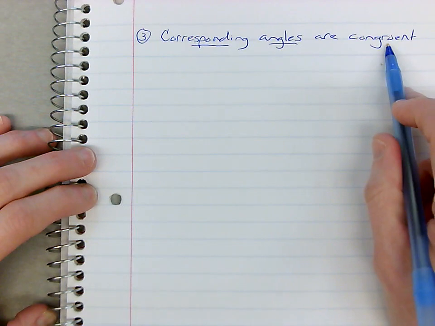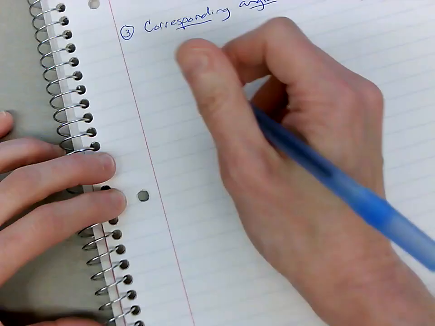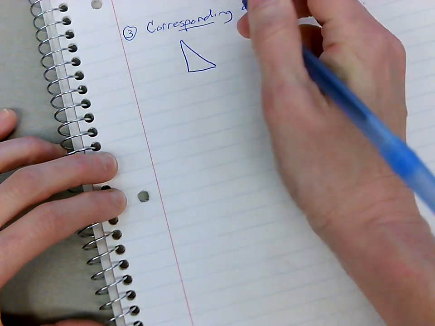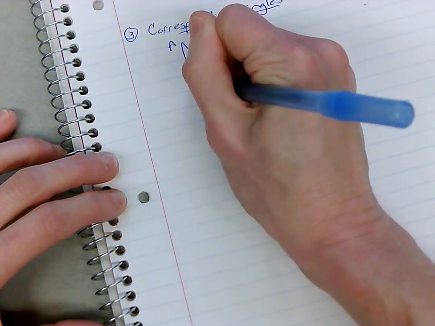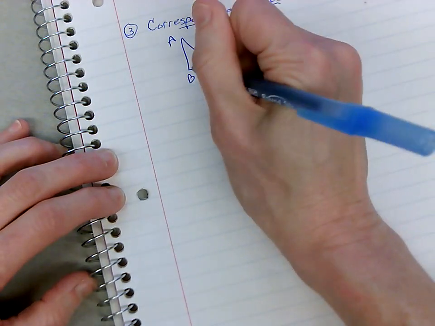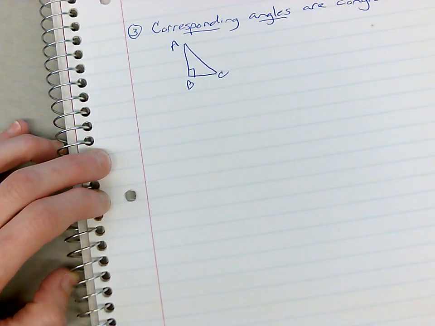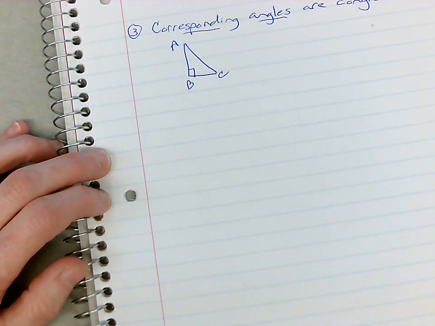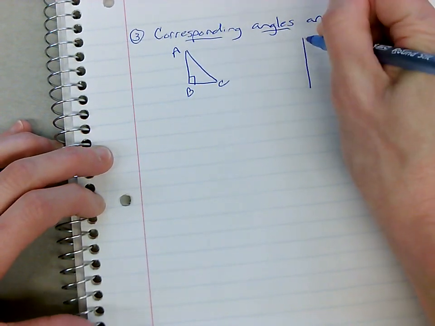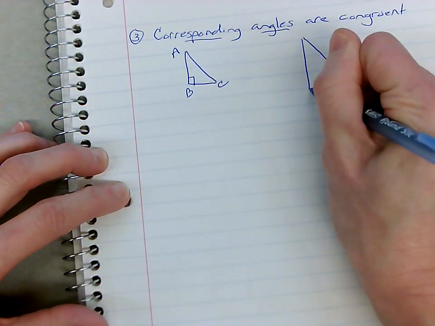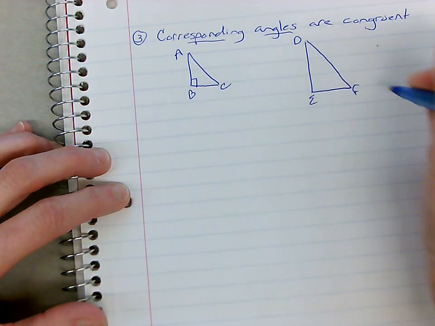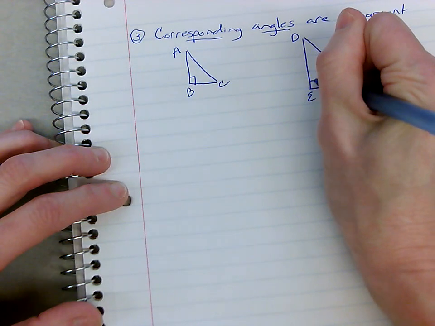Now remember, congruent means equal. Okay. So I'm going to draw the ABC triangle like on the front. A, B, C. I'm going to say this is a 90-degree angle in the corner here. And then I'm going to draw a larger triangle and call this DEF. And that's also going to have a 90-degree angle there.